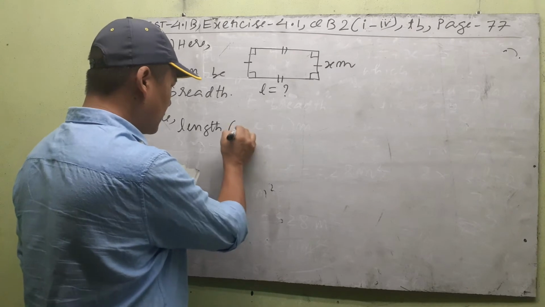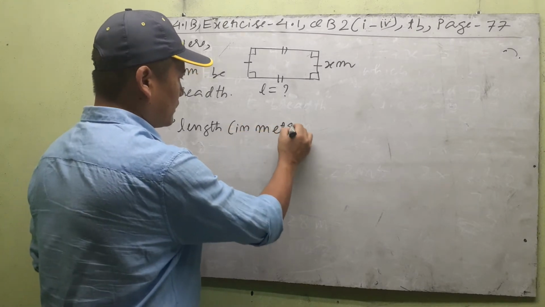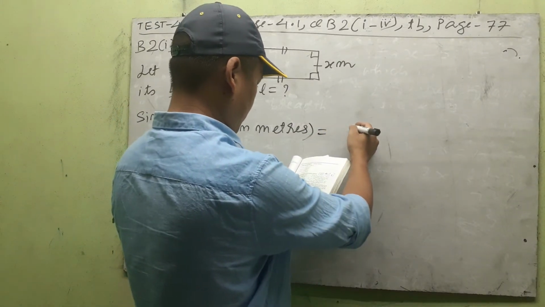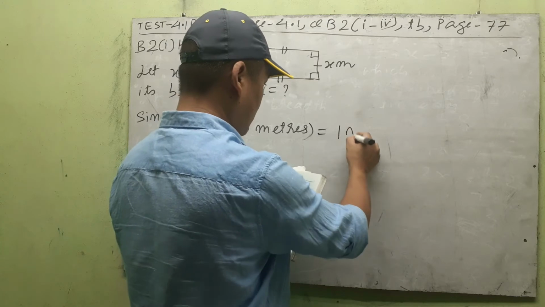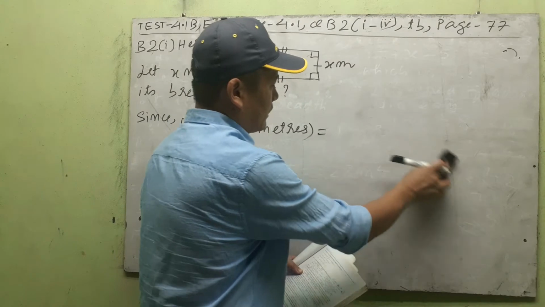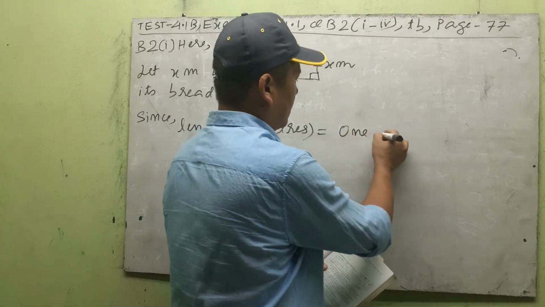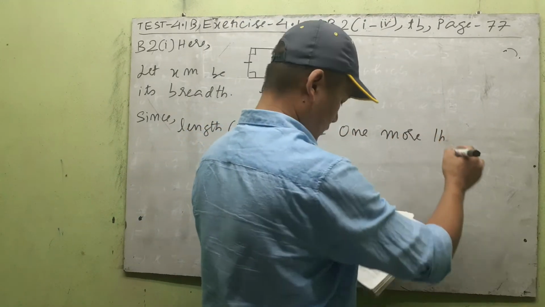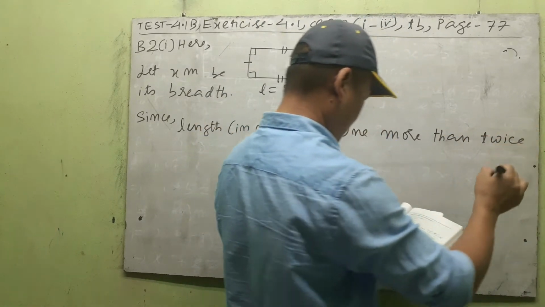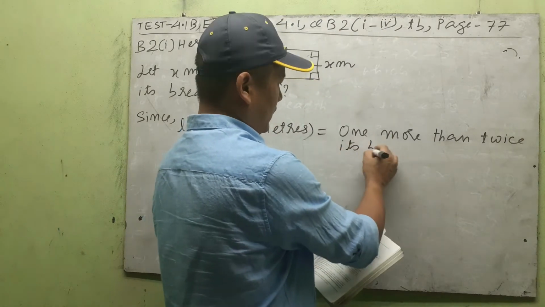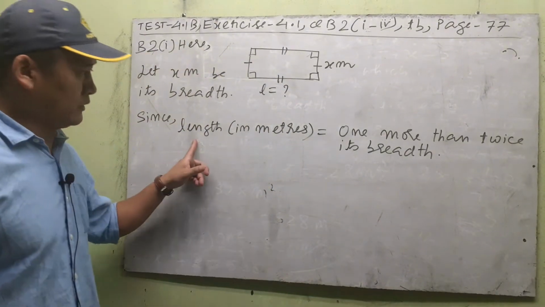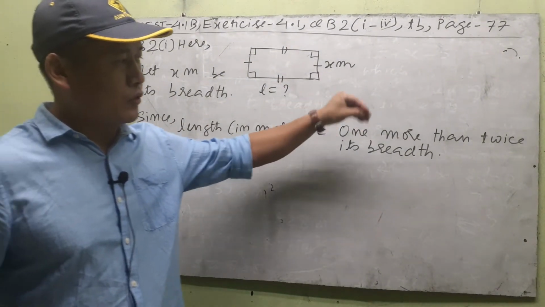Length in meters, according to the question, is equal to one more than twice its breadth. This is the exact language of the text. The question is saying the length in meters is one more than twice the breadth.